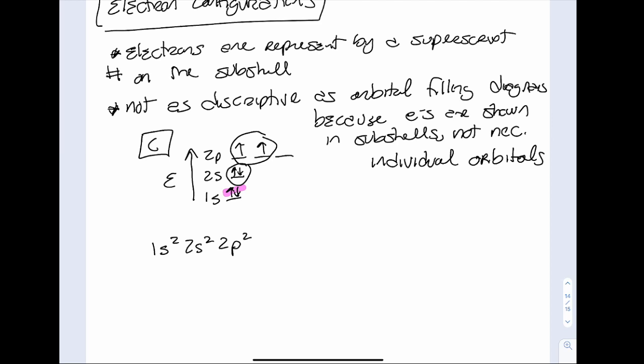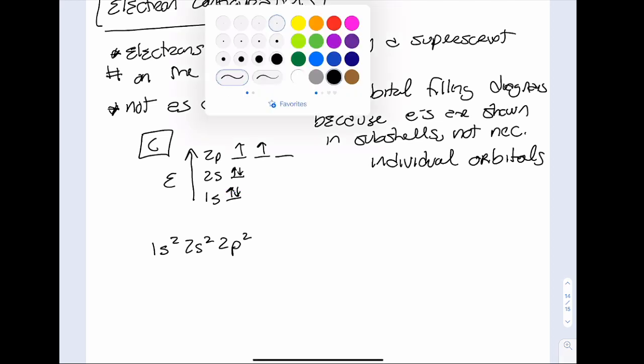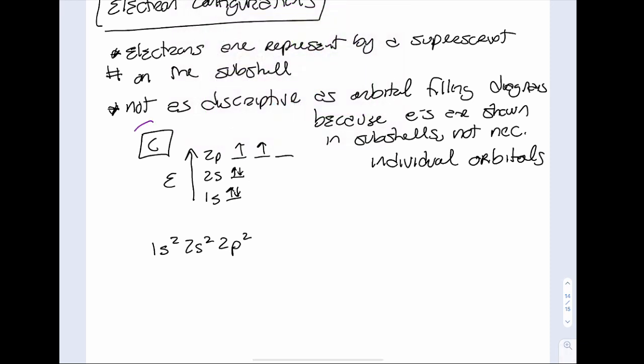But again, orbital diagrams are giving us a better representation of where those electrons are. And then as I mentioned in the last video, just be careful on an exam that if I ask for electron configuration, you don't give me orbital diagrams and vice versa. So this was our orbital filling diagram. This is our electron configuration.